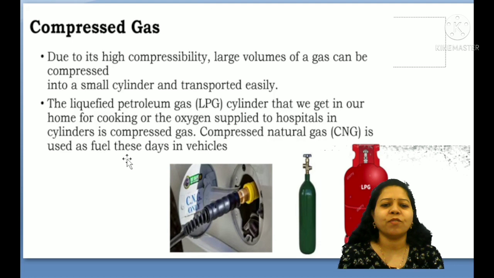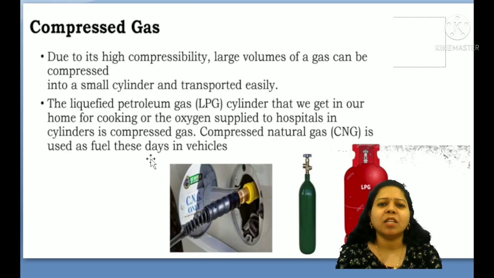Now we are saying LPG. What is LPG? LPG is liquefied petroleum gas. The meaning of this is that it is a gas, but by applying external force we compress that gas, and because the intermolecular space is reduced, that gas turns into liquid, and this is known as liquefied petroleum gas.